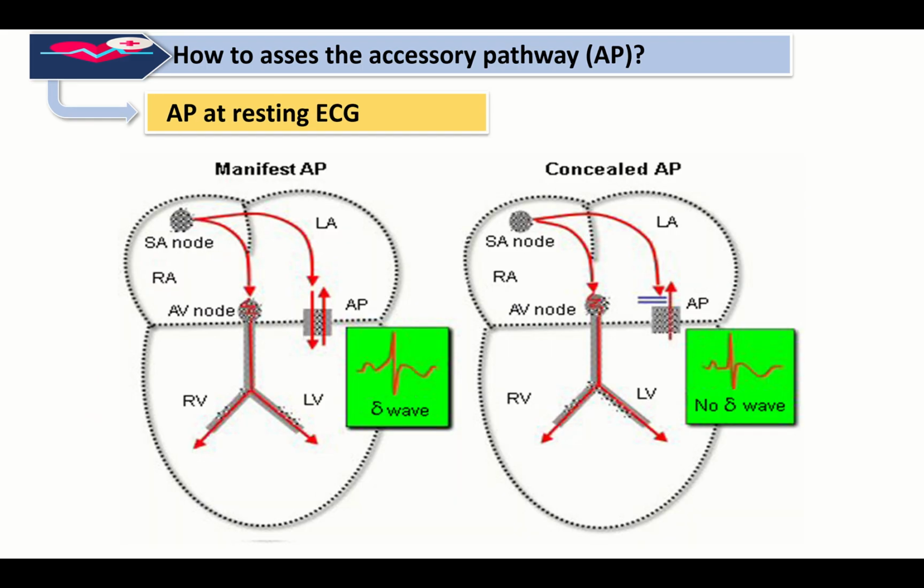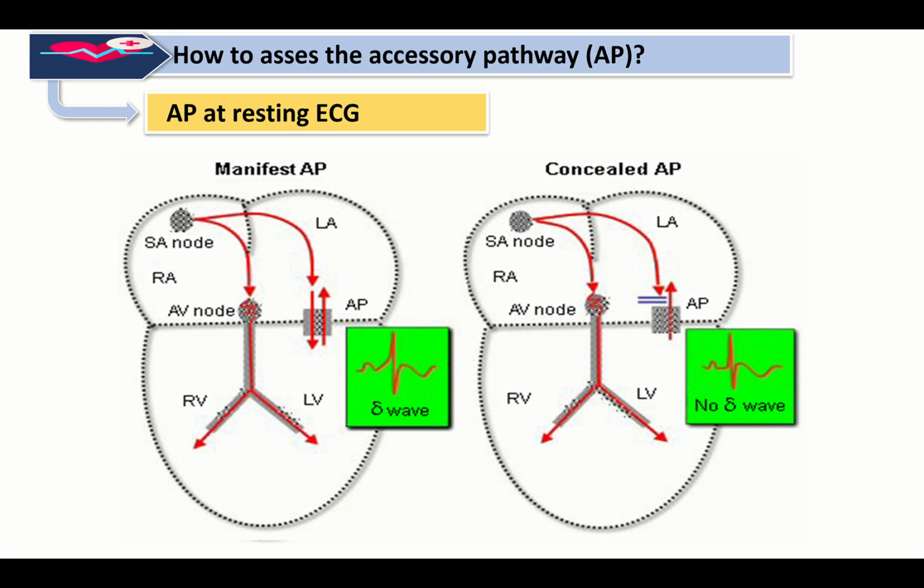So let's highlight some of these classifications, starting with resting ECG. Can we see a clear evidence of manifest accessory pathway or not? What does it mean? At the left panel, we can appreciate accessory pathway with antegrade conduction.